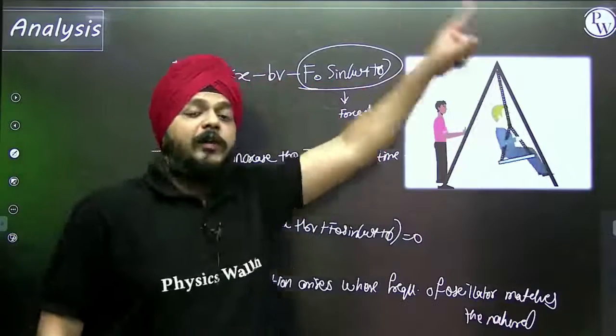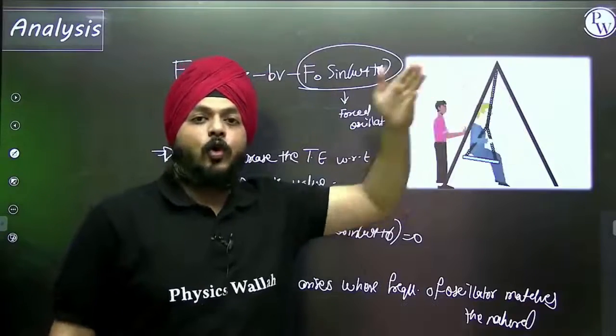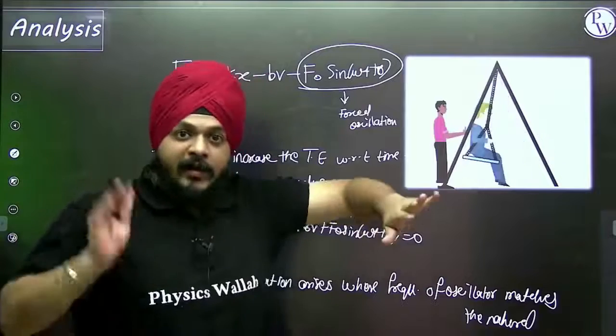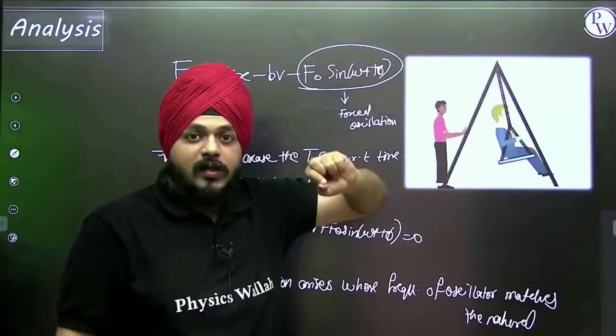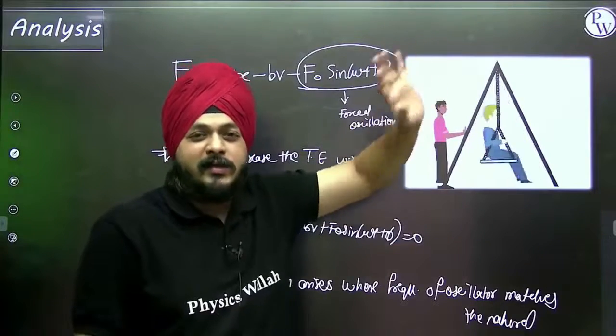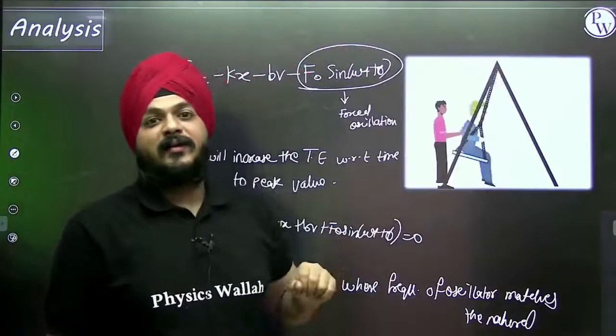Suppose initially the frequency of the SHM was 2 pi. Now here comes the damping force. Slowly it decreases to 0. Now again an external force is applied. The value increases from 0 to pi by 2, pi by 3, pi by 4, slowly reaching pi, and finally reaching 2 pi.